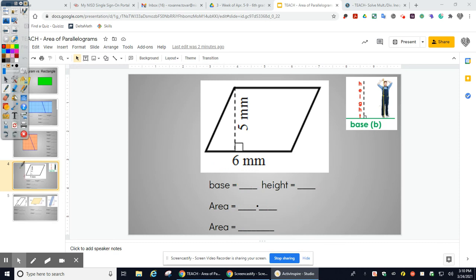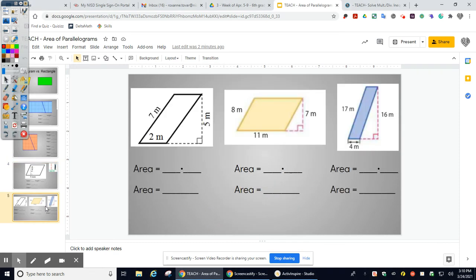Okay. All right. Let's just do a few more examples here. Remember, our base and our height should always form that right angle. So when given a picture that looks like this, we want to use our base still. So our base is still going to be 2. Our height is not going to be the 7, though.